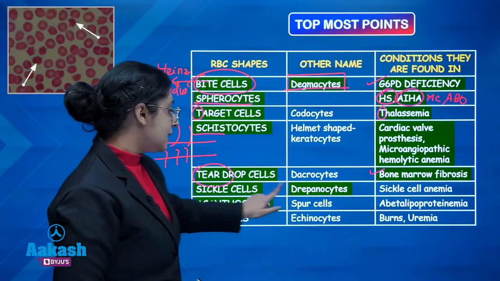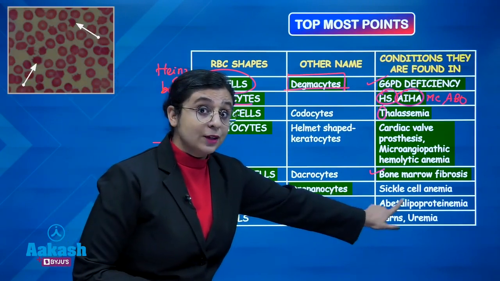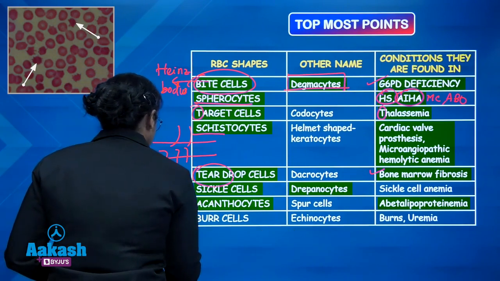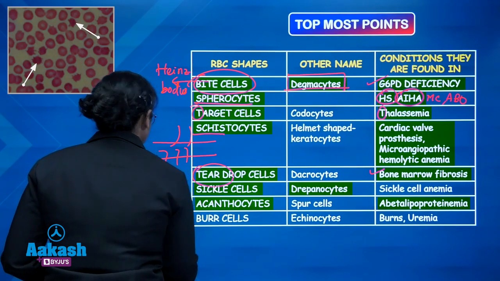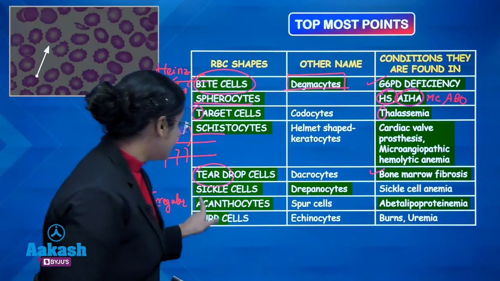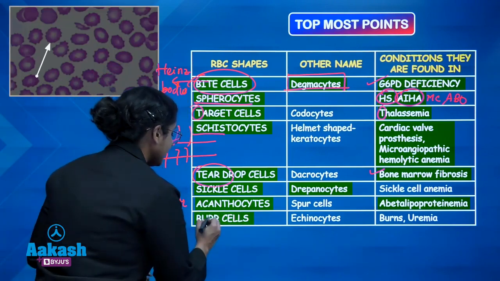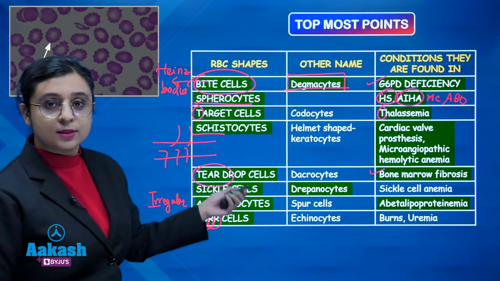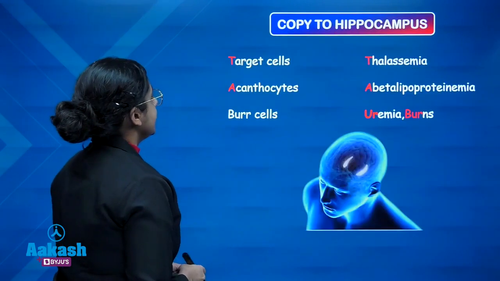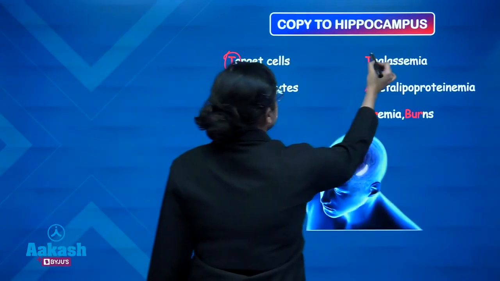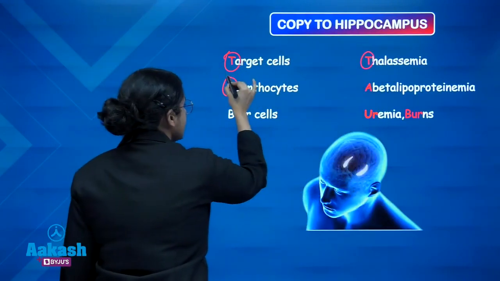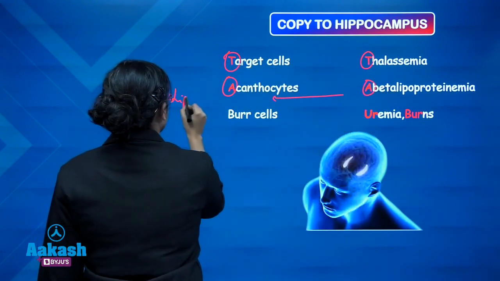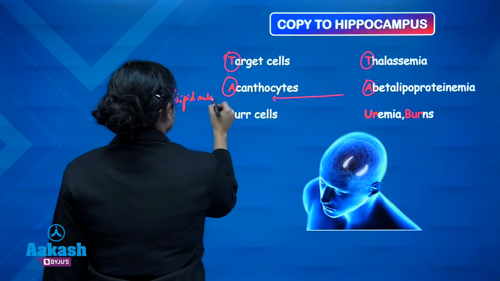Yes, acanthocytes, A for acanthocytes, A for abetalipoproteinemia. The projections are irregular and placed at irregular intervals, whereas in Burr cells they are regular and uniform projections found in burns and uremia, right students? So this is a very important table. Next is T for target cells, T for thalassemia, A for acanthocytes, A for abetalipoproteinemia, something related with lipid metabolism defect.